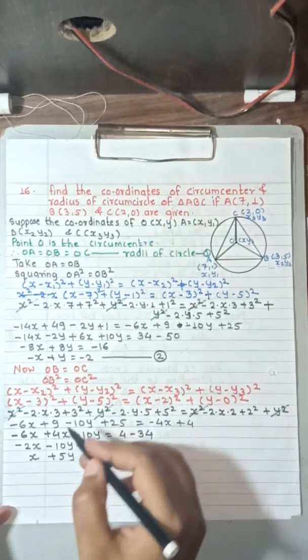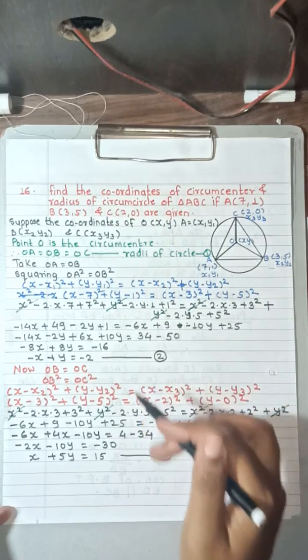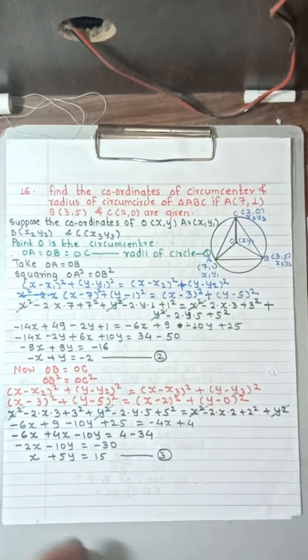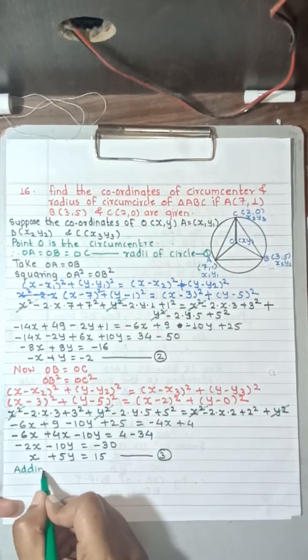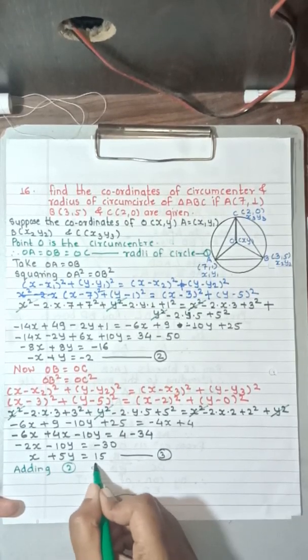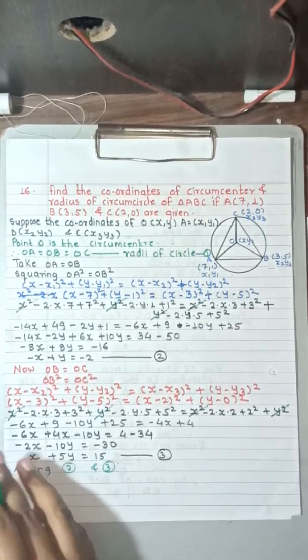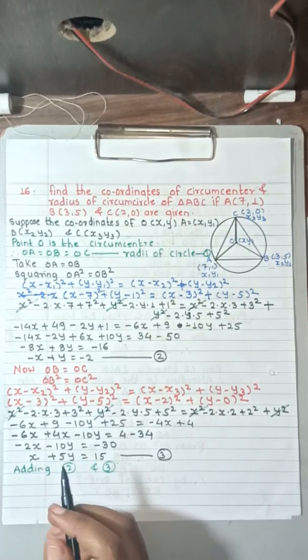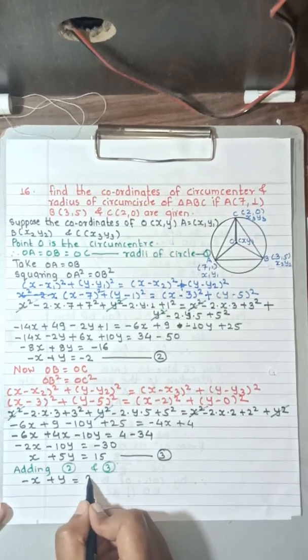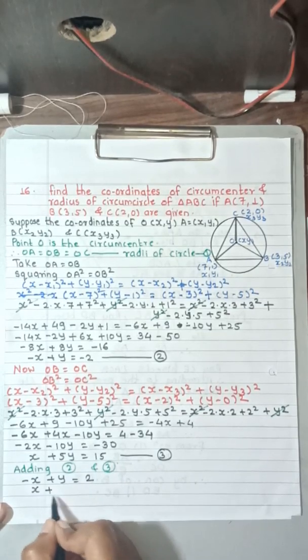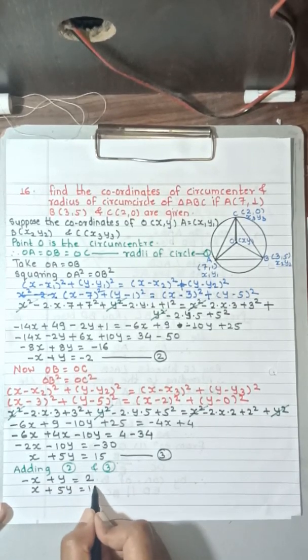Now what we'll do, as you have got equation 2 and 3, we'll add equation 2 and 3. So when you add 2 and 3, you will get here minus x plus y is equal to minus 2, x plus 5y is equal to 15.